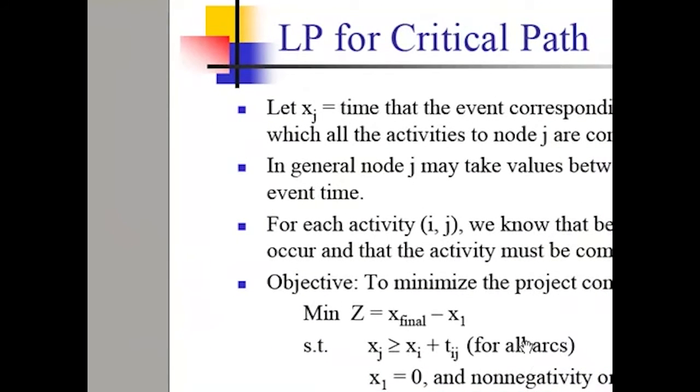So for each arc, right now each arc stands for a different activity. So for each activity, its ending time must be larger than or equal to its starting time plus its duration.